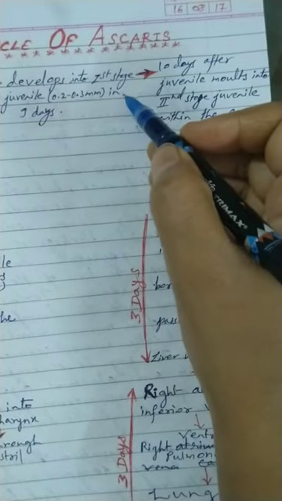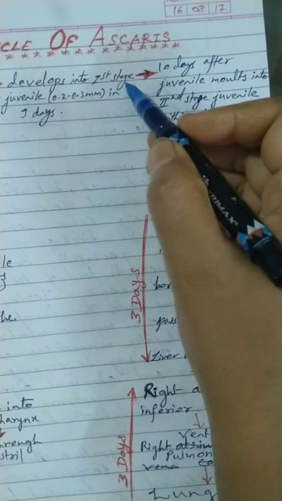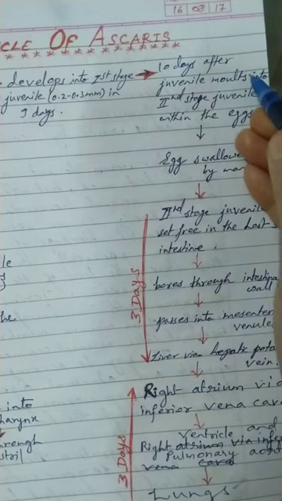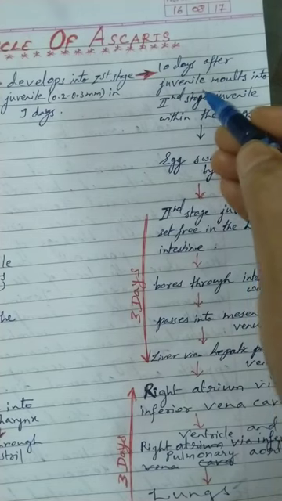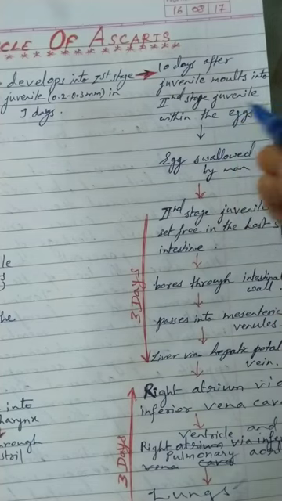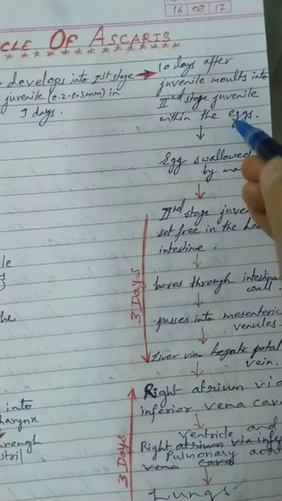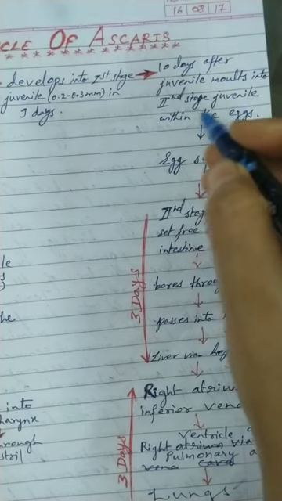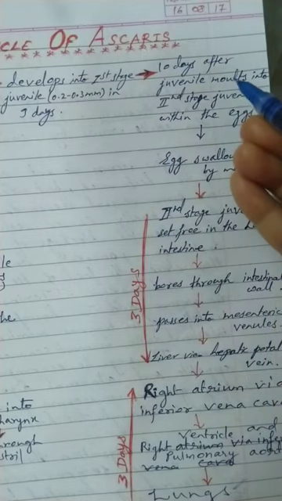Then the first stage larva gives rise to second stage larva in 10 days; the juvenile molts into second stage within the egg. Second stage larva also molts only outside the body.